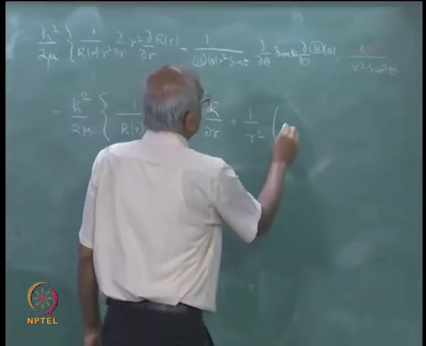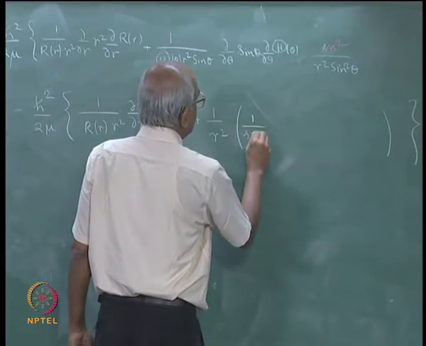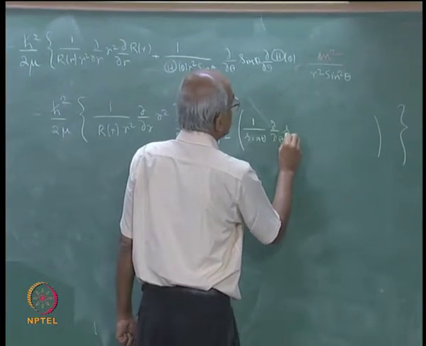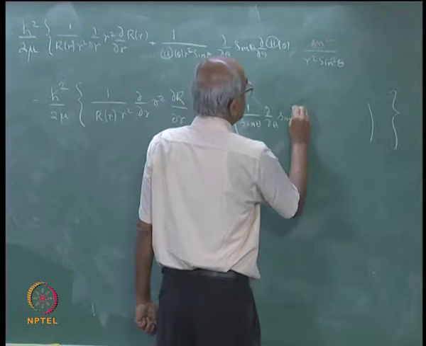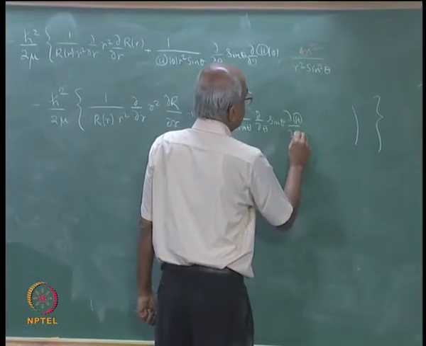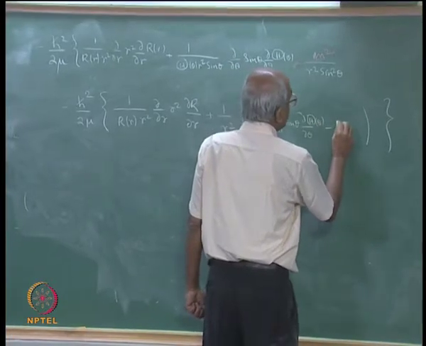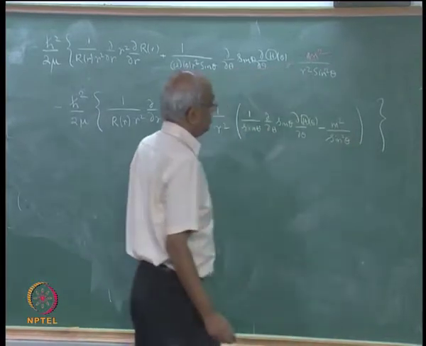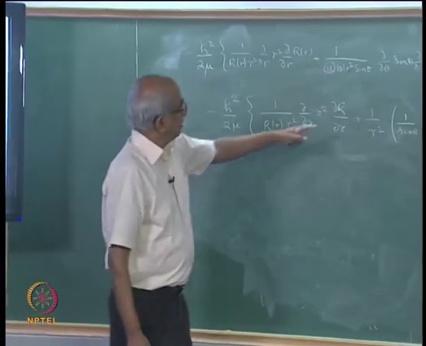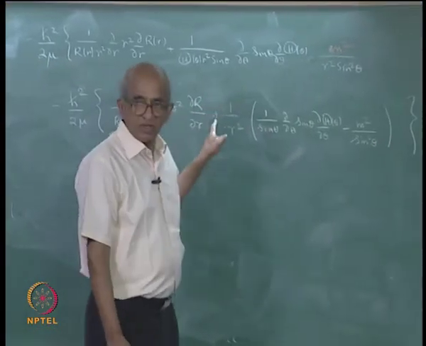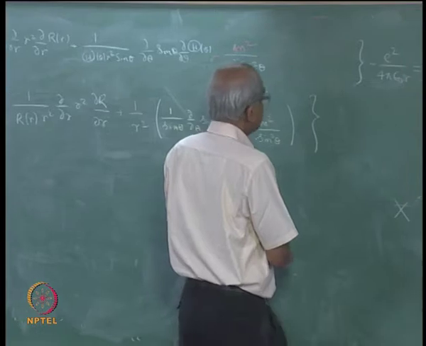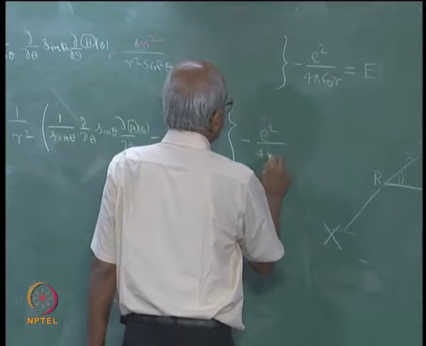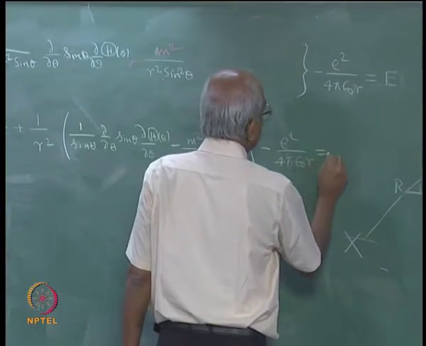It's actually 1 by sin theta dou by dou theta sin theta dou capital Theta by dou theta of theta, minus m square divided by sin square theta, right, and of course, you have 1 by r square, I have taken that out, and then plus, well actually not plus but minus e square divided by 4 pi epsilon 0 r is equal to E.